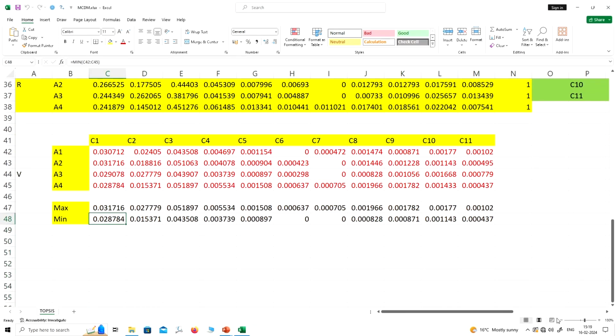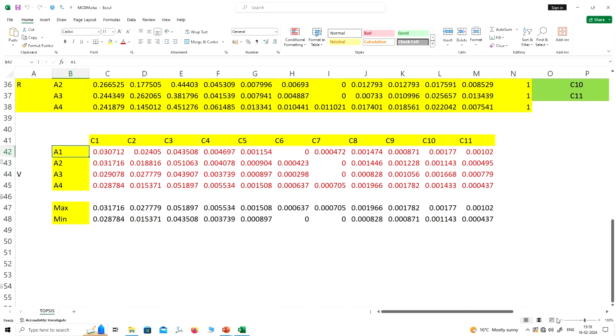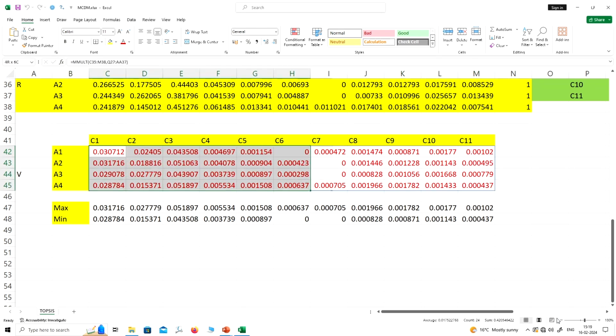Based on that, we found the product of the normalized matrix of x, which we named R, and the weights, which we named W. Based on that, we found V, shown in red numericals in this Excel sheet, and we find the maxima and the minima. The maxima and minima are based on wanting to find the best and worst solutions, which will give us the PIS and the NIS.